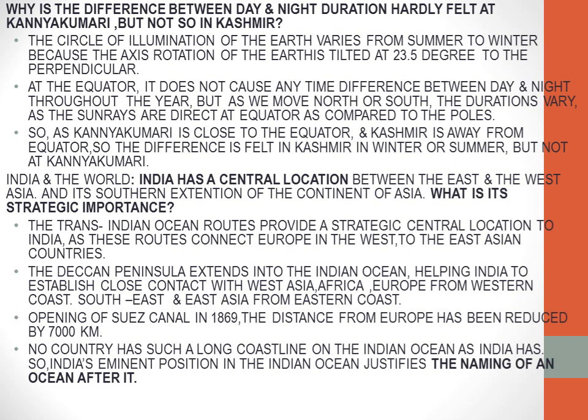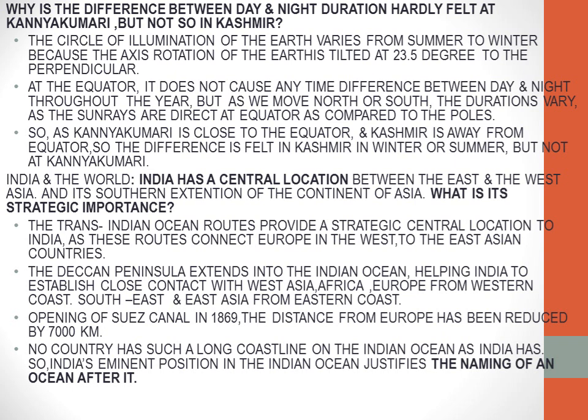Now, why is there a difference between day and night duration, hardly felt at Kanyakumari but not so in Kashmir? As we mentioned earlier, the circle of illumination of the earth varies from summer to winter because the axis of rotation of the earth is tilted at 23.5 degrees to the perpendicular.